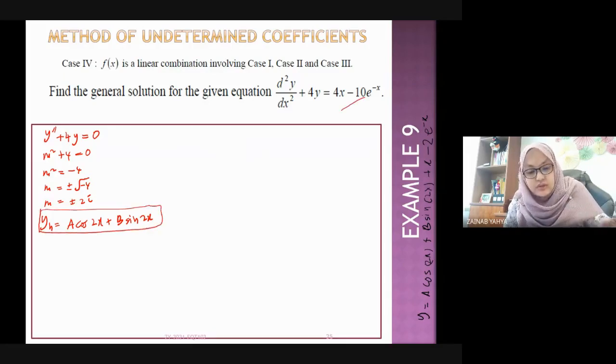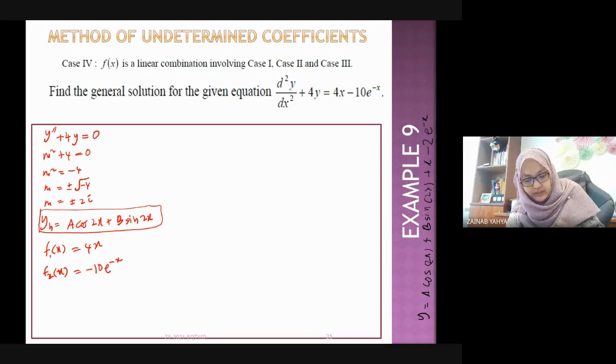Oh, thank God, there's no sine and cos in there. So now your yp. Let us make f1(x) equal to 4x and f2(x) equal to negative 10 e to the power of negative x. So let us equate it like that. So we will find yp1 first. yp1 will be no more a, c.